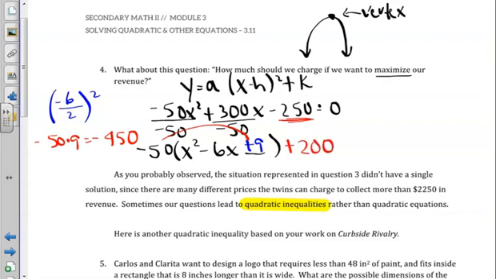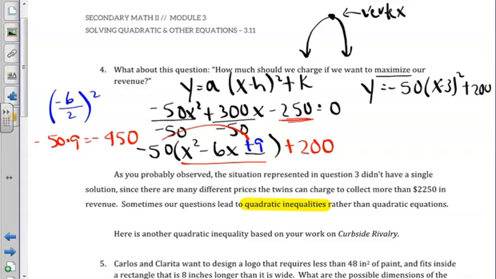So my vertex form here will be y equals negative 50. Recall, we can write what's in parentheses as a quantity squared, (x minus 3) squared plus 200.